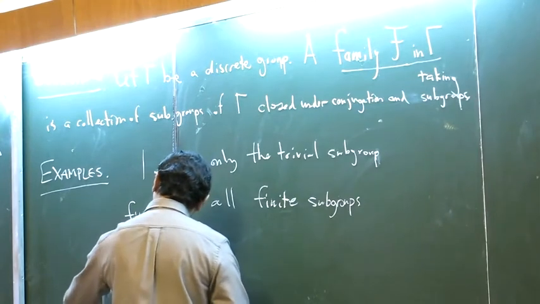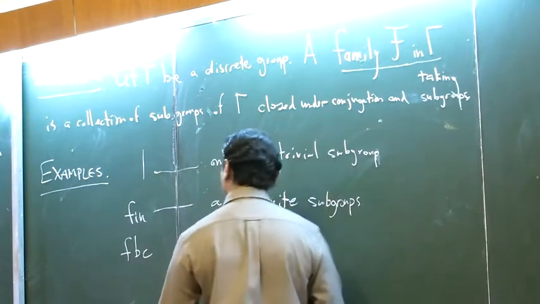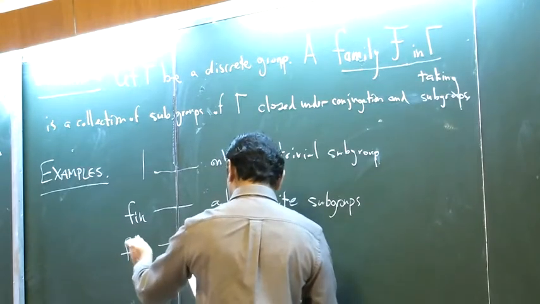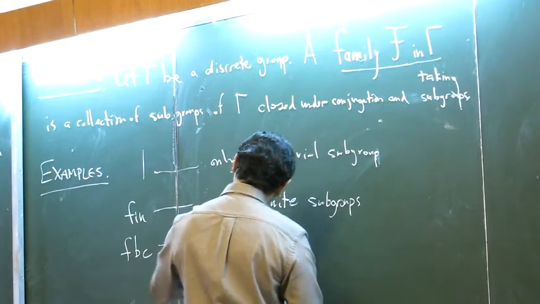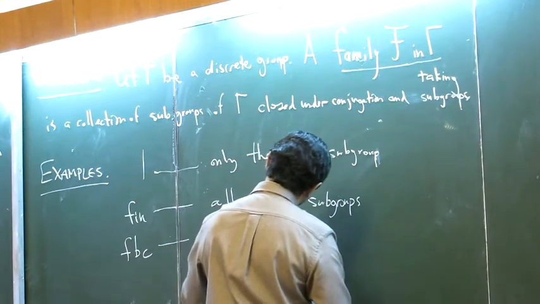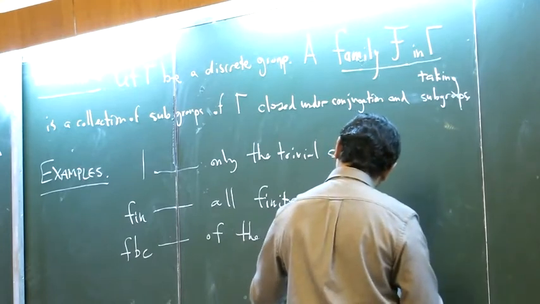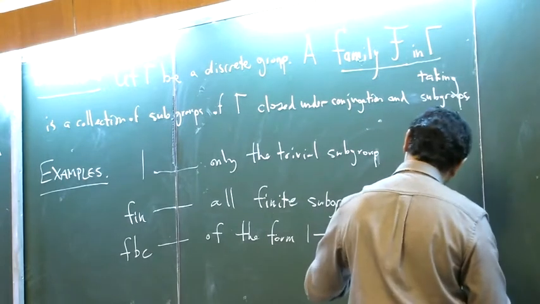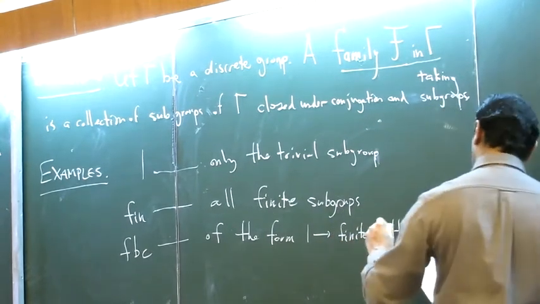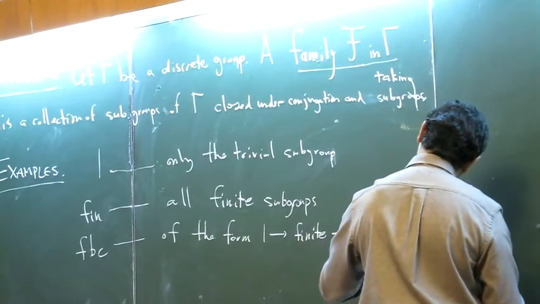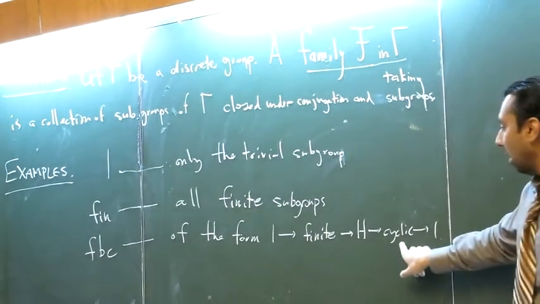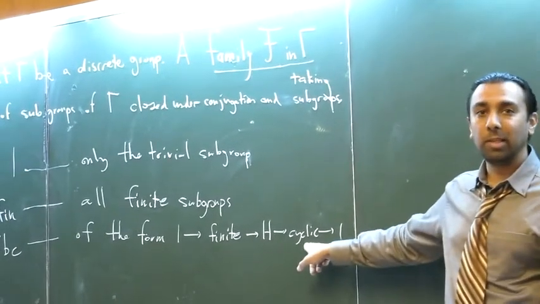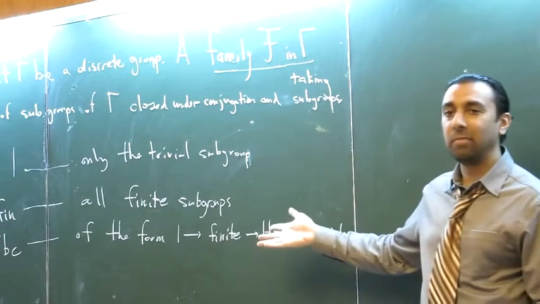Then there is the family, a little bit strange, of finite-by-cyclic subgroups. That means it's of the form where you have a group extension of a finite group by a cyclic group. If this cyclic group is finite, it's just the same thing as saying H is finite, obviously.